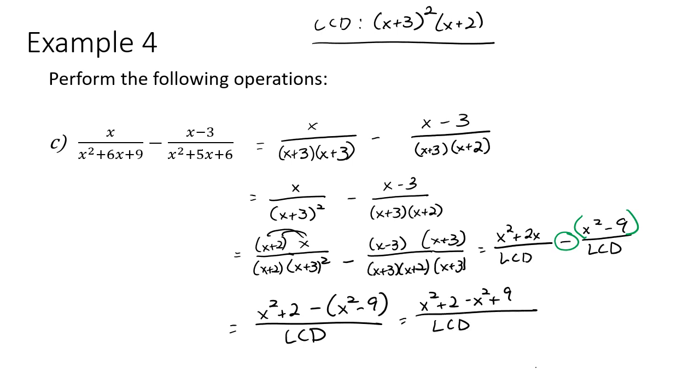And then in this case, we can simplify a little bit because the x squares will cancel with each other, a plus and a minus. And then we've got a 2x plus 9. And because this is my final answer, I can't just write LCD anymore. I'm just going to write it out in its factored form. Over x plus 3 quantity squared times x plus 2.